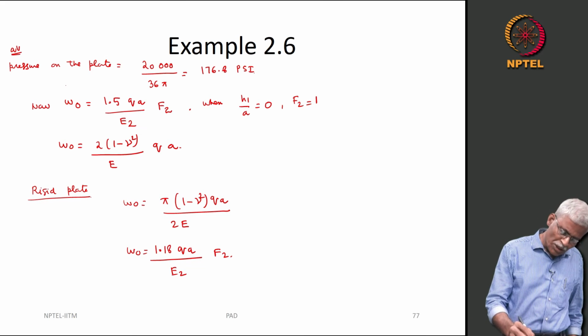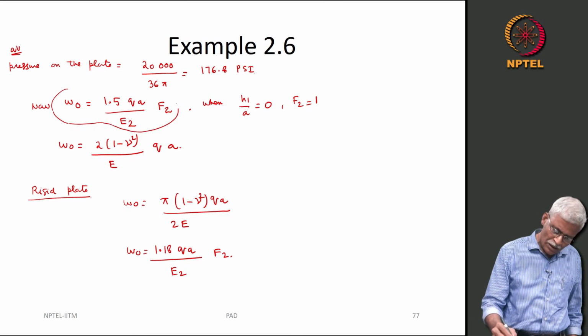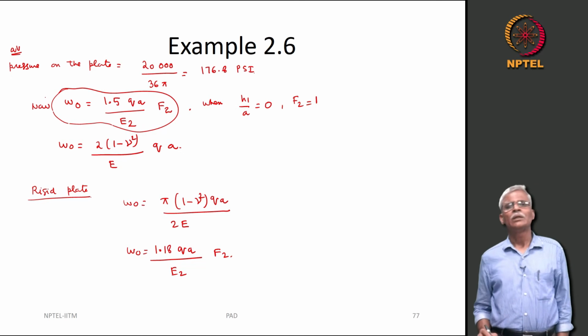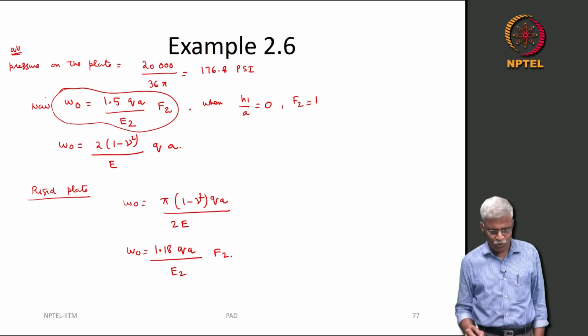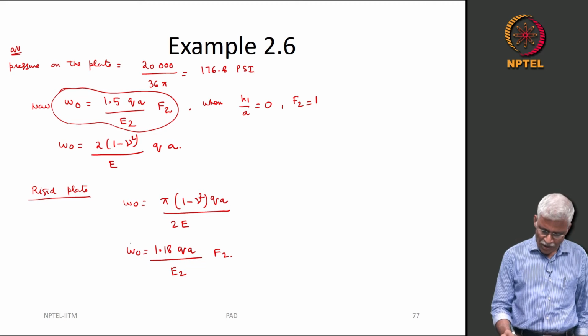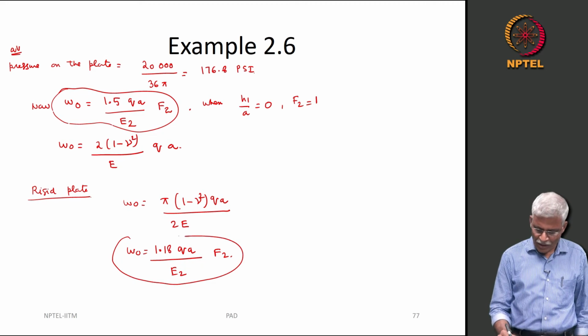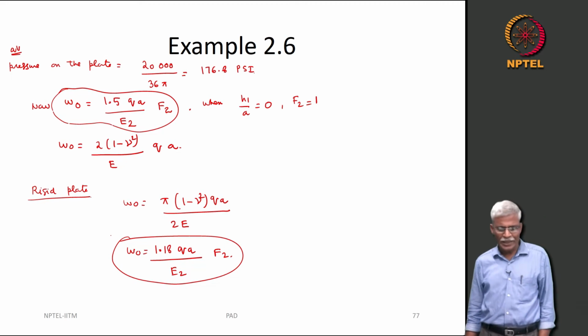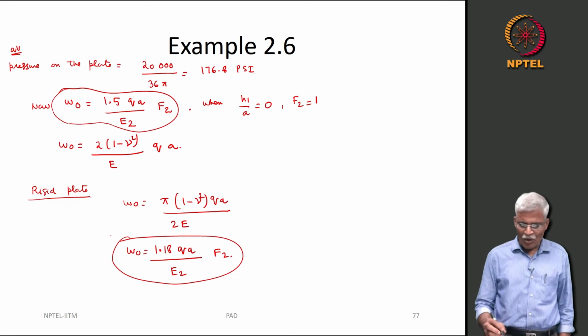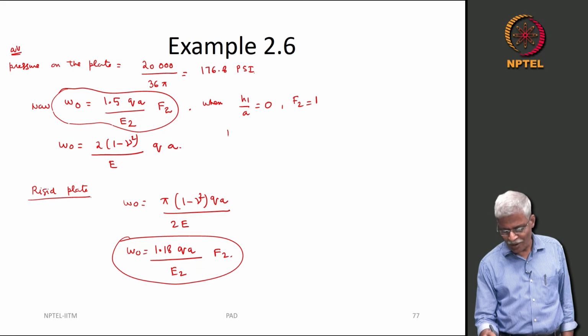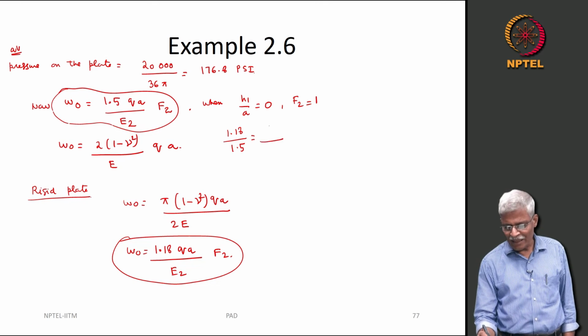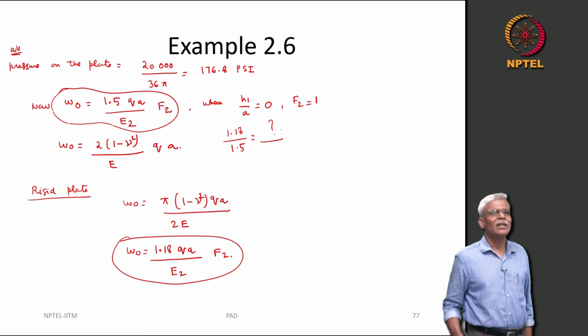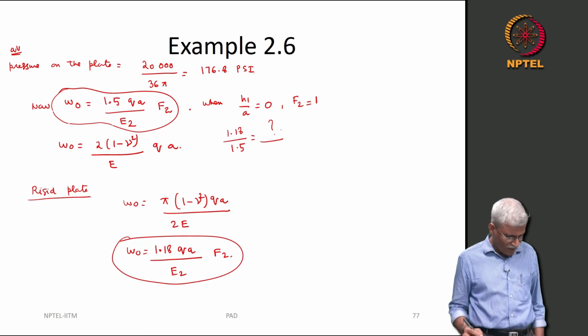In fact, what it tells you is the following. If you use the chart, this is the formula that you use. If you use the same chart, but when it is for a rigid plate, you are going to get 1.18. Now, it is very interesting, if you try to work out the ratio between them, you will get an interesting number, and that number we have already discussed.